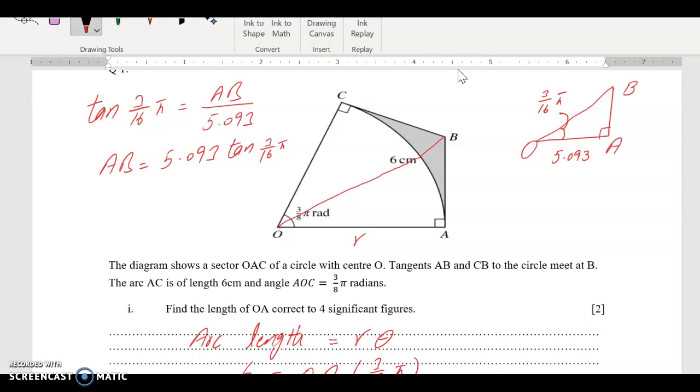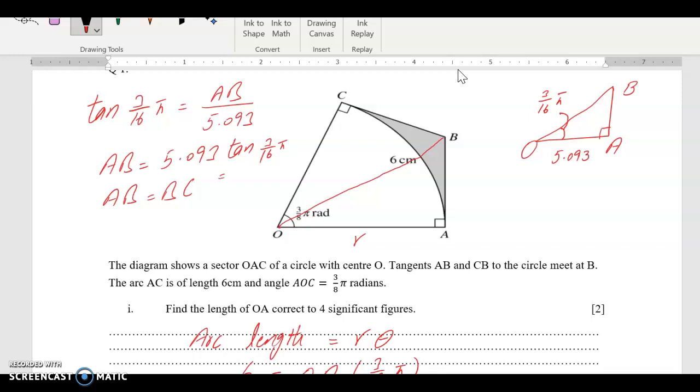So once we simplify this, AB, and actually BC is the same. So AB and BC are the same, so that means the total length of AB plus BC is 2 times this.